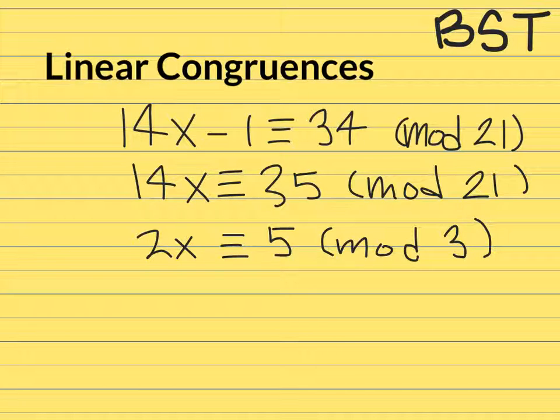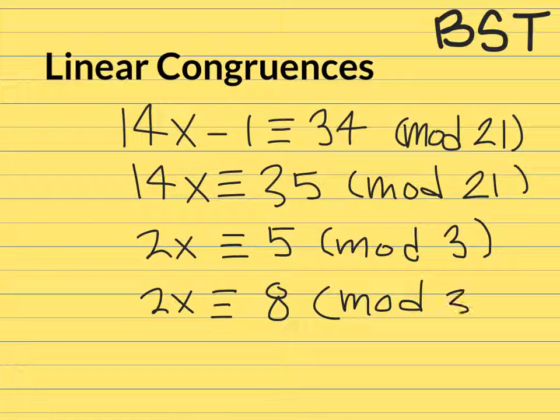Okay, and so now you want to try and get a multiple of 2 on the right hand side. So let's just add 3. That's a multiple of 3. And what do you know? 8 modulo 3. So now the GCD of 2 and 3, well, 2 and 3 are relatively prime, so that won't be a problem.